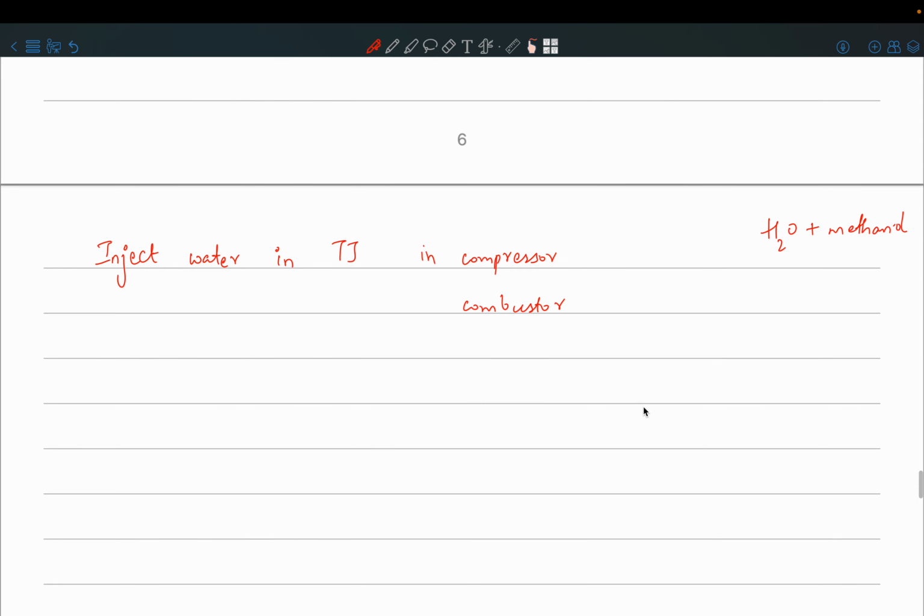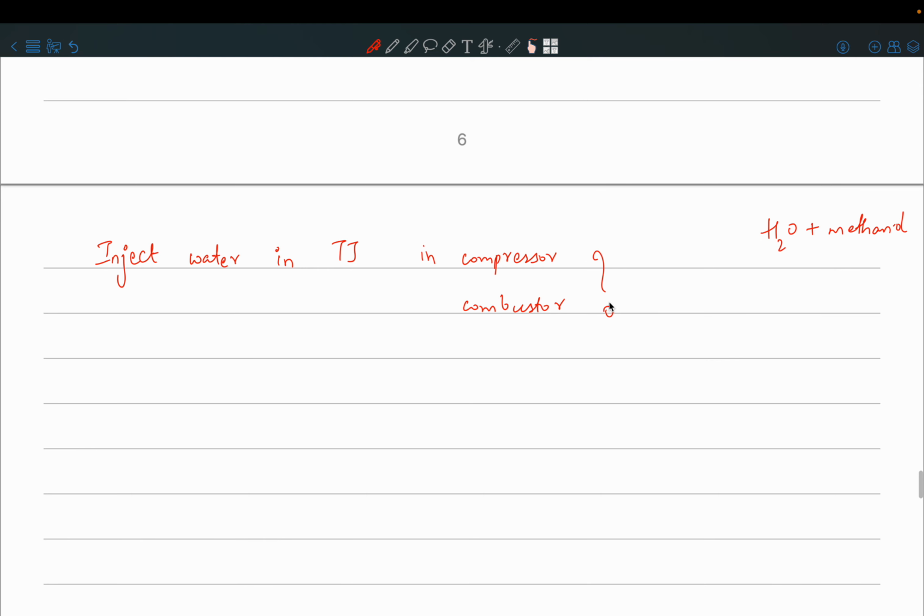Okay, think about this. Why would someone want to inject water? We have this methanol to reduce the freezing point of water. That is why this mixture is injected. But why would you want to inject water in the first place? So that is the question. Efficiency increases.